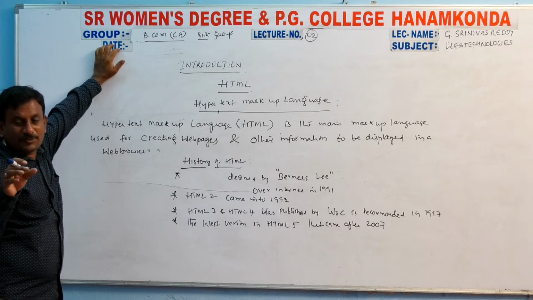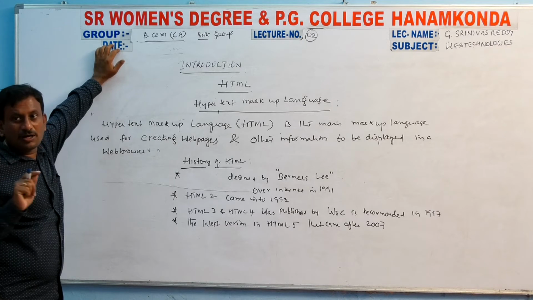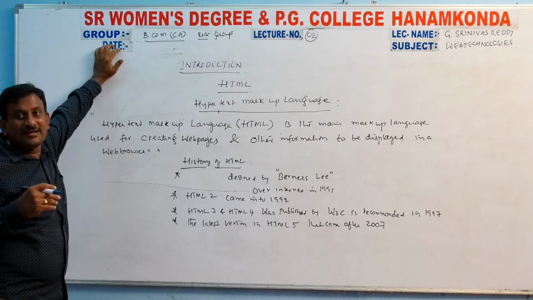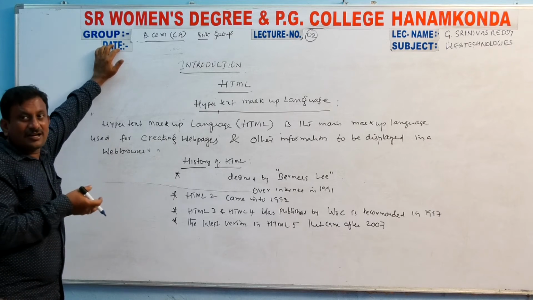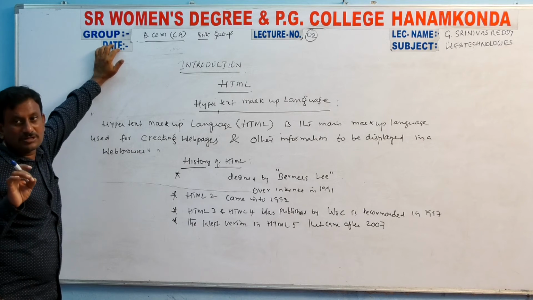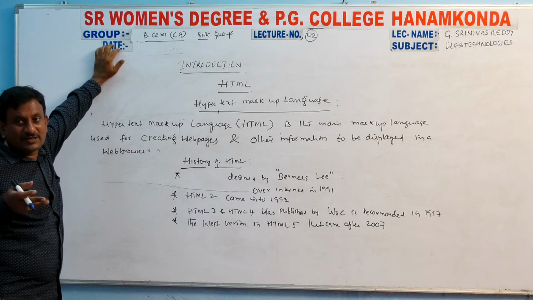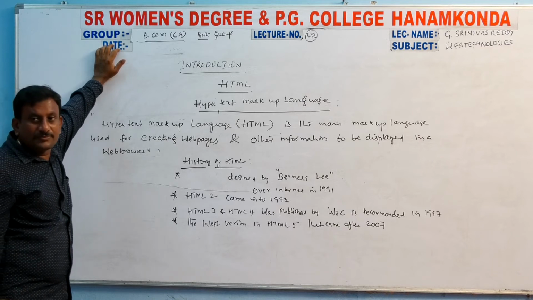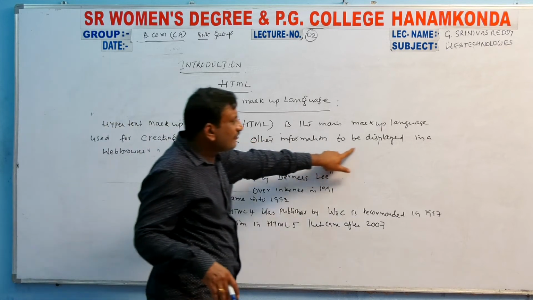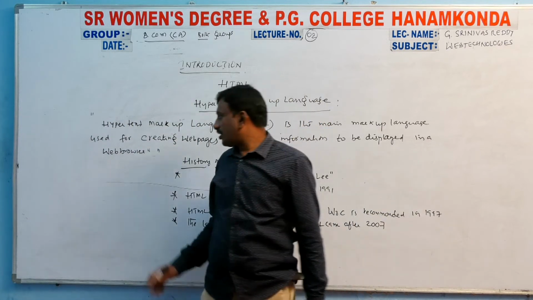In the browser you write the address called the URL, Uniform Resource Locator, that is, the website address. For example, you can see the kakatiya.ac.in information if you are using a particular browser. Nowadays we go to Internet Explorer or Chrome or Firefox, these are the browsers.